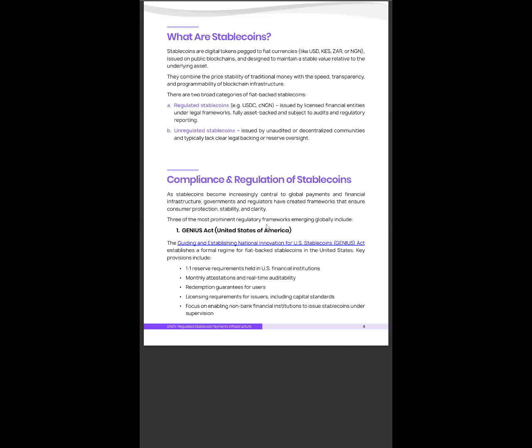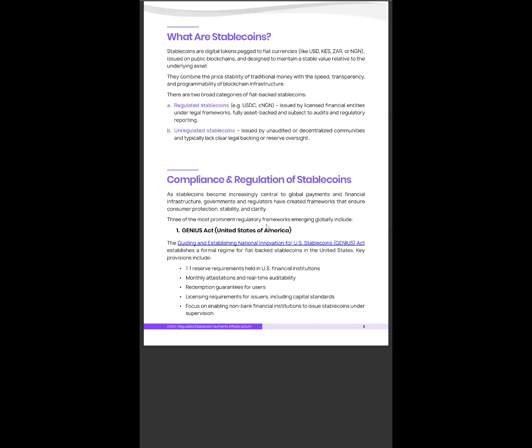They're called fiat because effectively they are issued by the power of the government. So government issued currencies are called fiat currencies, like the naira, like the USD, Kenyan shillings, South African rand. So stablecoins are digital tokens pegged to these government issued currencies.